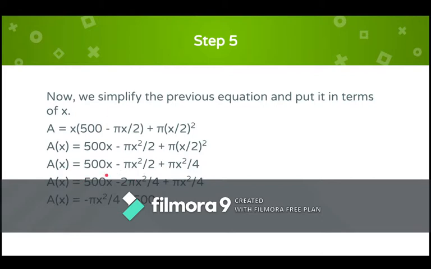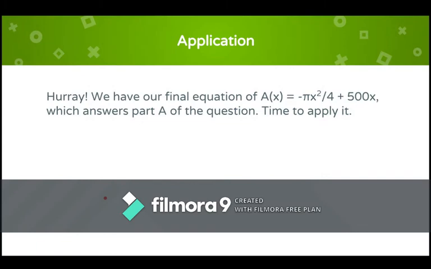A of x equals 500x minus 2 pi x squared divided by 4 plus pi x squared divided by 4. We can add everything together, rearrange a couple terms, just move this out to the front to get negative pi x squared over 4 plus 500x. Now we have our final equation, which answers part A of the question. Now it's time to apply it.